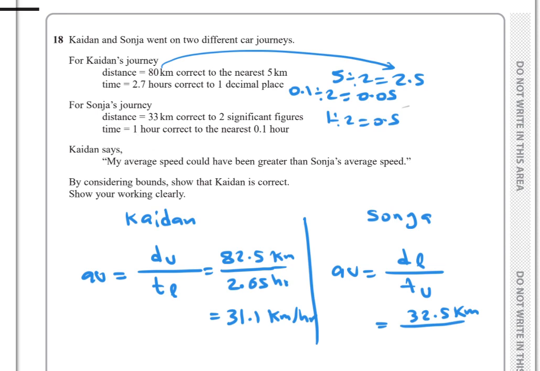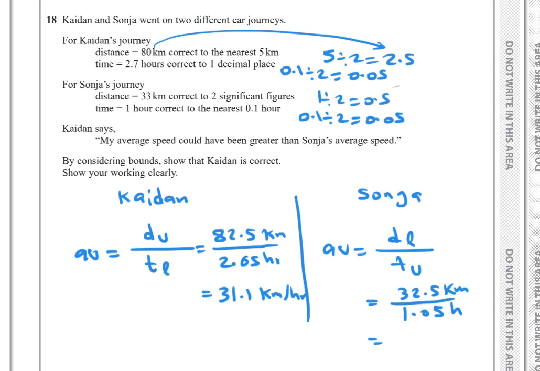Over the time, 1 hour, correct to the nearest 0.1. 0.1 divided by 2, so 0.05. I need the time upper, so add, 1 plus 0.05, so 1.05 hours, so this equals 30.95. So the average speed for Kaden could be greater than Sonja's average speed, because 31.1 is greater than 30.95.